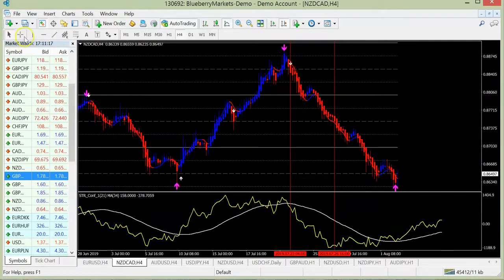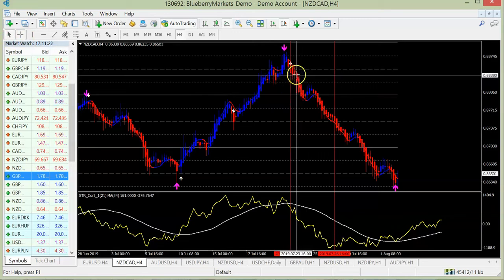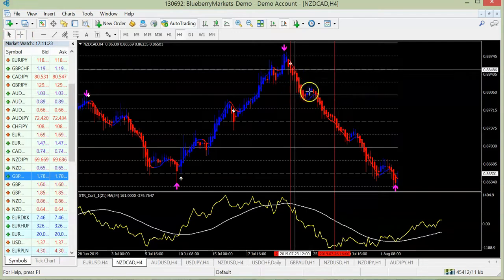So in that case, when you take this trade, there are two ways to take profit, to exit. The first is if you see two candles of the opposite color, blue and blue.